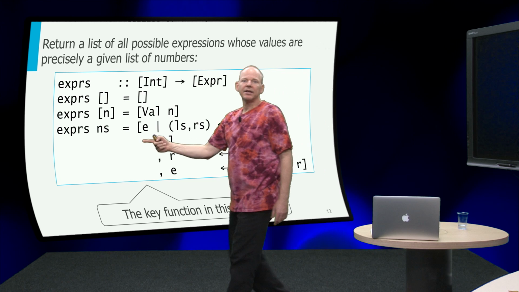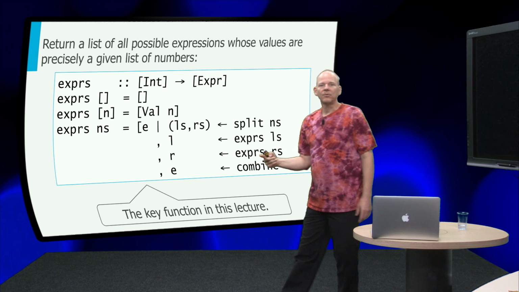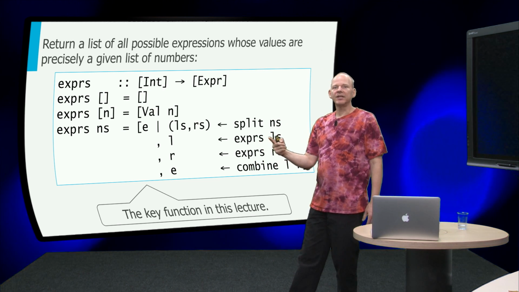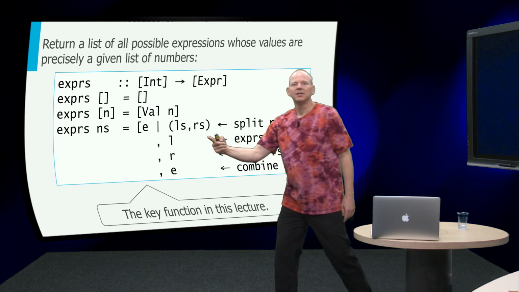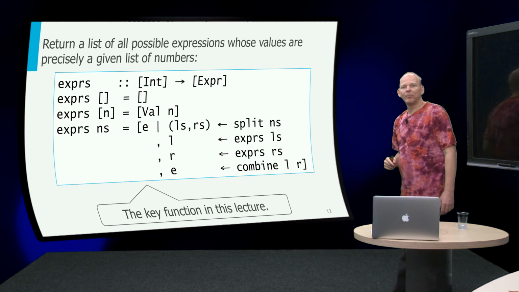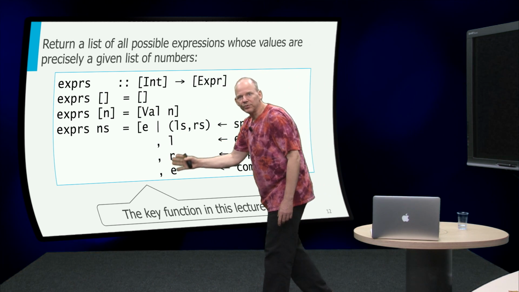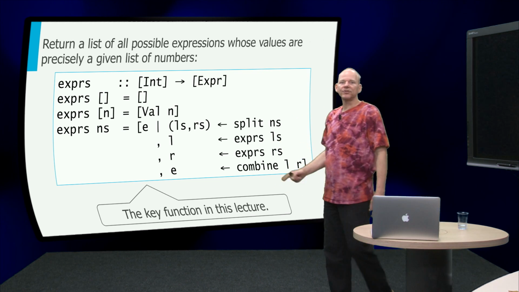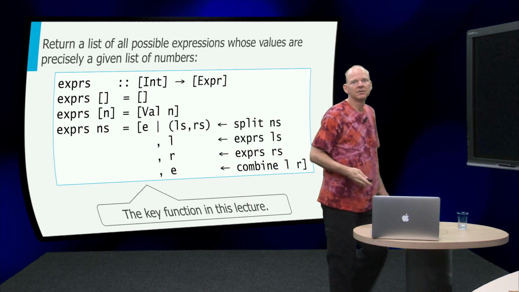Now, if we are given a longer list of numbers, how can we build all the expressions? Well, we split the list, then recursively use the left side to create an expression and the right side to create an expression, and then we use our combine function to combine the two. So this is a brute force way of enumerating all possible expressions that are built out of these numbers.